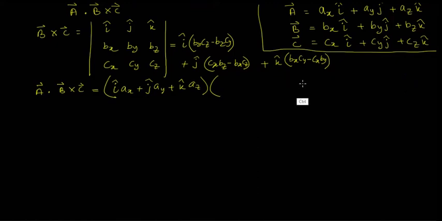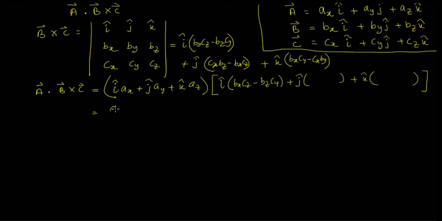In the first term, i cap dot takes only the i cap component, because i cap dot j cap will be 0.